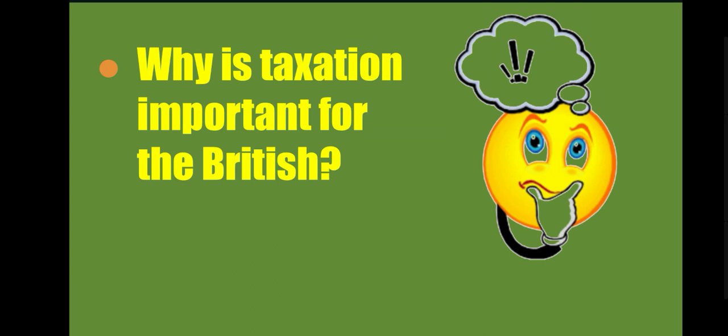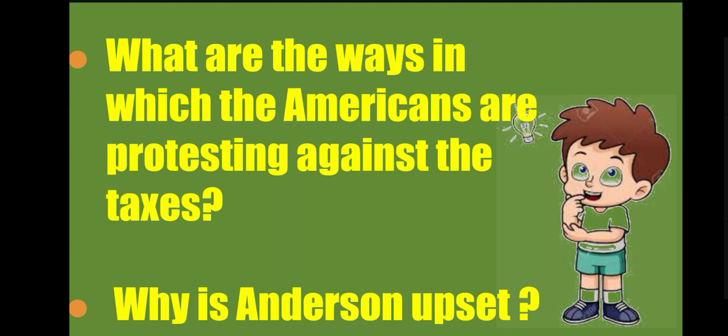Second question is, why is taxation important for the British? Next question is, what are the ways in which the Americans are protesting against the taxes? And why is Anderson upset? You can pause the video here, read the comic strip, focus on these questions so that you can answer, and come back, join me again.